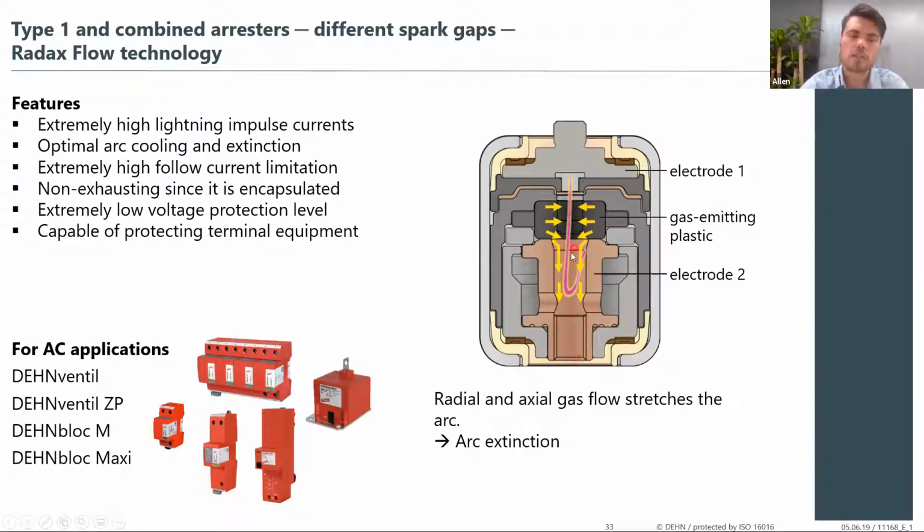The advantage of this is that it limits the high follow current from your system. So in the case where this spark gap switches on, it creates momentarily a short circuit, and this new technology improves this. It lowers that short circuit current coming from the source.